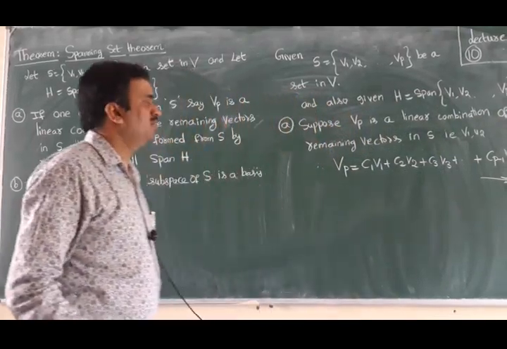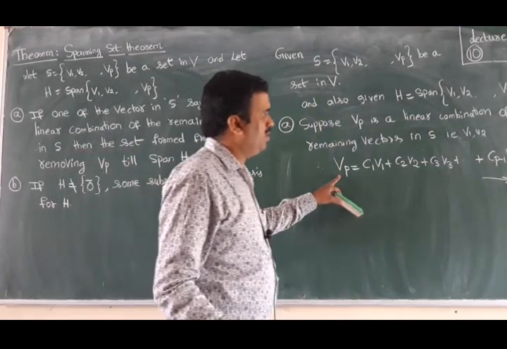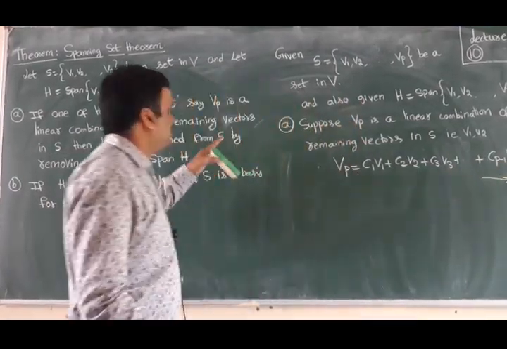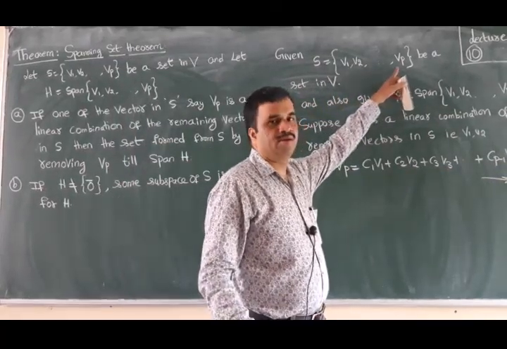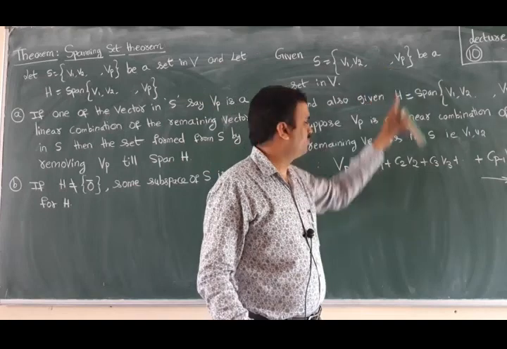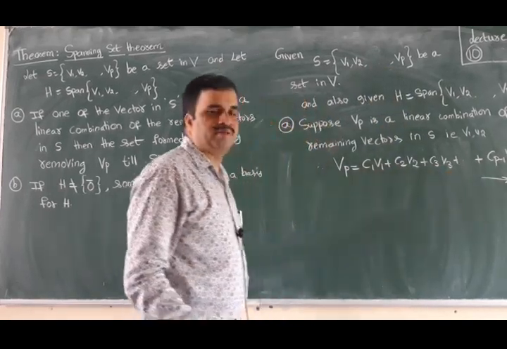Vp is a linear combination of the remaining vectors. Total we have P vectors. I wrote Vp is equal to, so the remaining vectors are up to P minus 1: V1, V2, V3, so on, Vp minus 1.